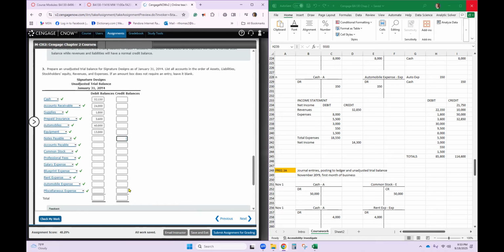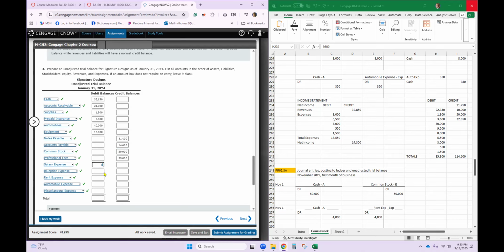Accounts payable. So the next four are going to be credits. So the notes payable is 31,400. Accounts payable is 14,600. Common stock is 50,000. Professional fees are 39,000, and the rest are expenses that need to be debit balances.